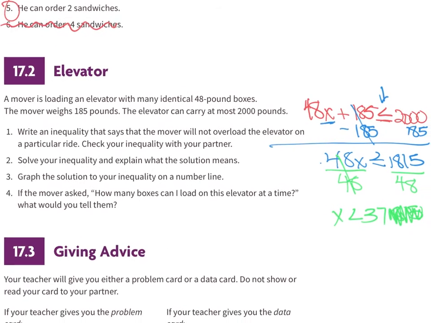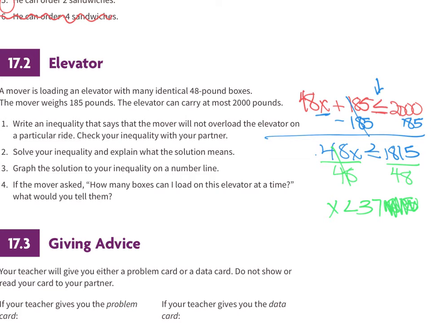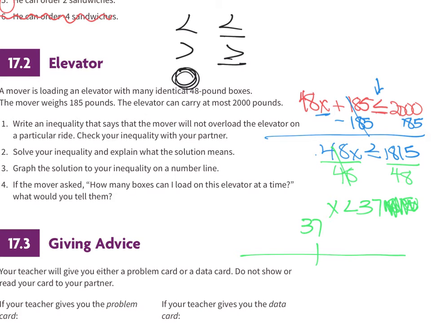Graph the solution on a number line, okay? So graphing, we can put 37 wherever we want. Here's the thing with graphing we haven't talked about yet. If it's less than or greater than, it's going to be an open circle. If it's less than or equal to or greater than or equal to, so now there's a line underneath it, it's going to be a closed-in circle. So there's no line underneath it here.